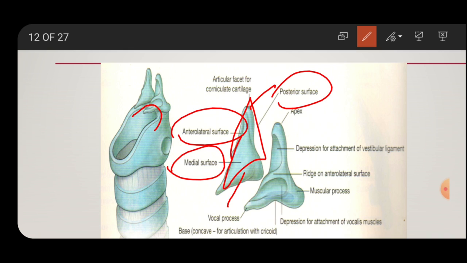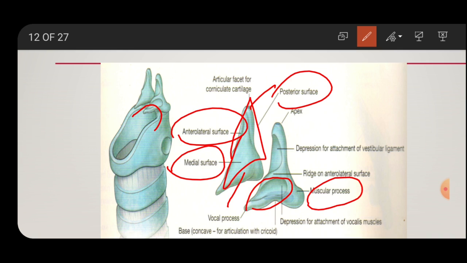The base bears a facet for articulation with the lamina of the cricoid cartilage to form the cricoarytenoid joint, which is a synovial variety. The lateral angle of the base projects laterally as the muscular process, where two muscles are attached, that is the posterior and lateral cricoarytenoid.